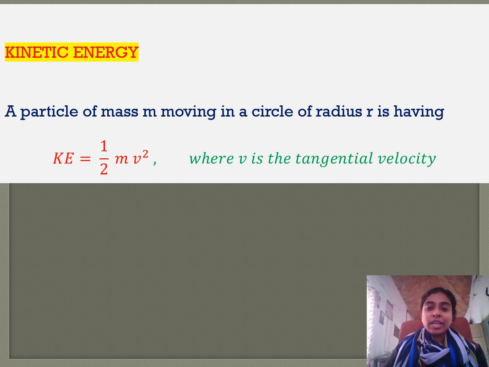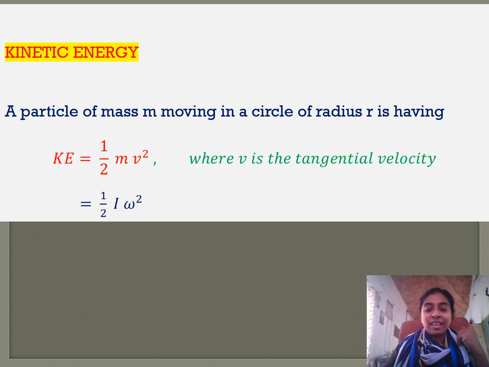Now coming to rotational motion, kinetic energy is equal to half. Mass is replaced by moment of inertia. Tangential velocity is replaced by angular velocity, omega. Tangential velocity is for curvilinear motion. Omega, angular velocity, is for rotational motion.